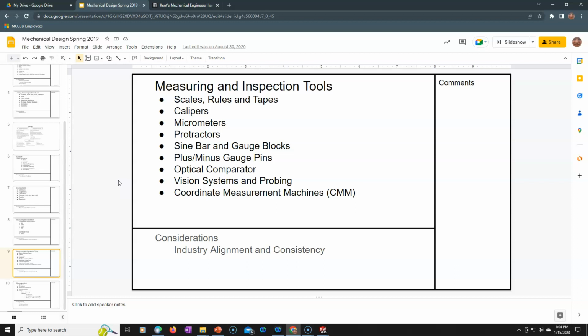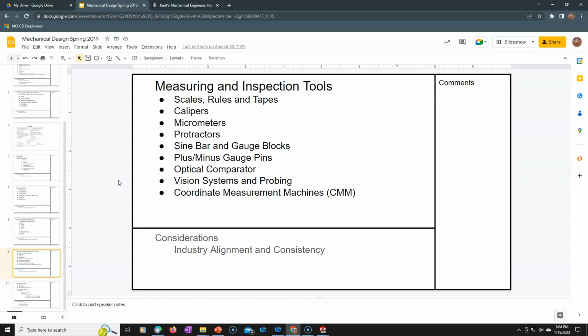An optical comparator uses lenses and a light source to project the geometry onto a screen, and then measuring tools to visually verify those items. You get into the vision systems and probing, then basically a computer is doing the same thing as an optical comparator.